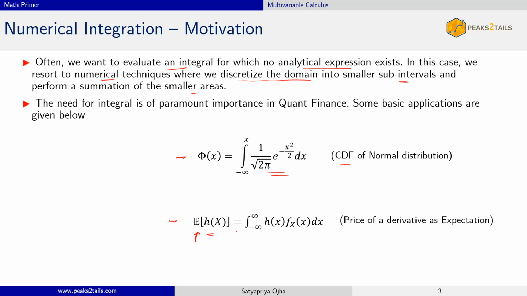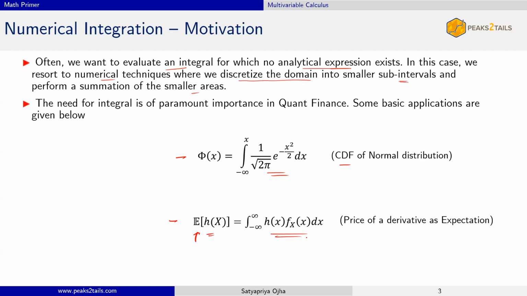So we will need to calculate expectation many, many times. Okay. And expectation is nothing but an integral. It's a definite integral. Okay. So if this expectation, which is an integral, you're not able to calculate analytically, then you have to go to numerical procedures. Okay.